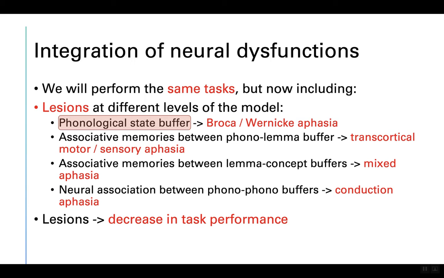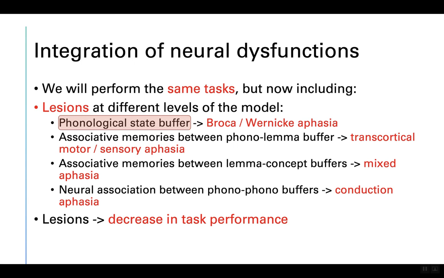So in order to see that the model works correctly, we integrated neural dysfunctions. That can be done very easily and in a very defined way, because the model defines the functioning on each level, and so we can integrate dysfunctions in a very specific way.